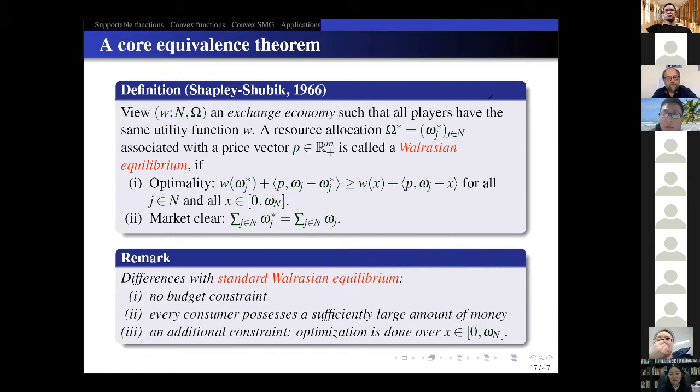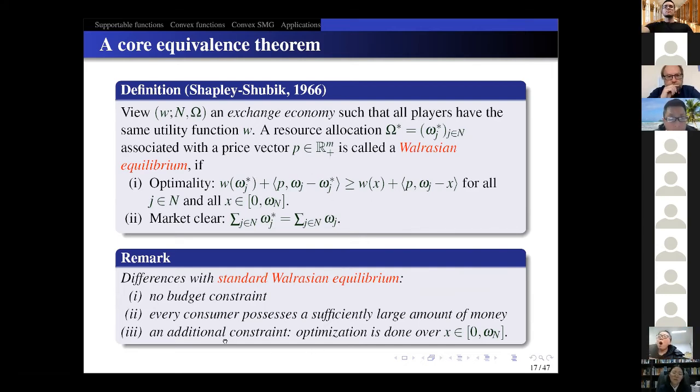This exchange economy and variance equilibrium is defined by Shapley and Shubik in the 1966 paper. I would like to remind you that this exchange economy is not the standard one we learn from advanced macroeconomics, because here we have no budget constraint, and equivalently we assume that each consumer possesses a sufficiently large amount of money, although this is not explicitly written in the definition.